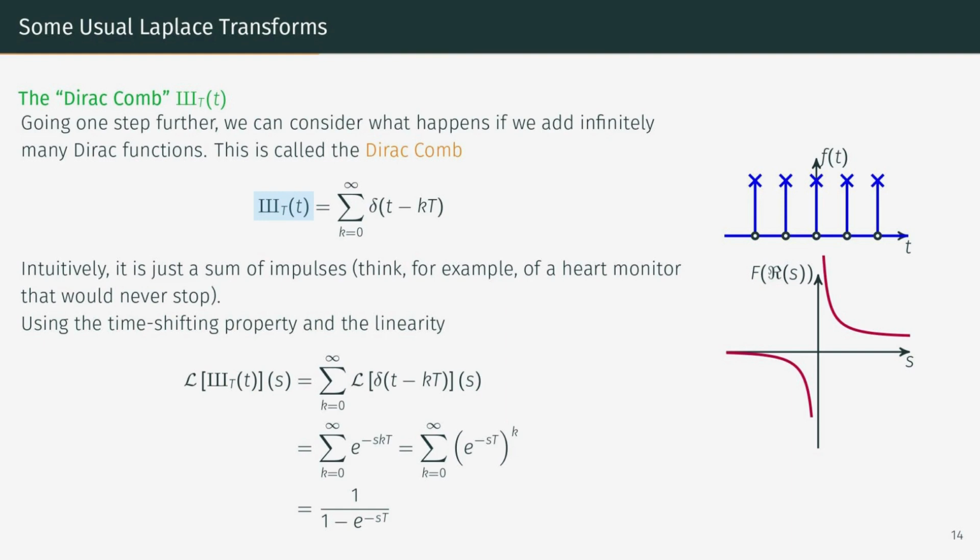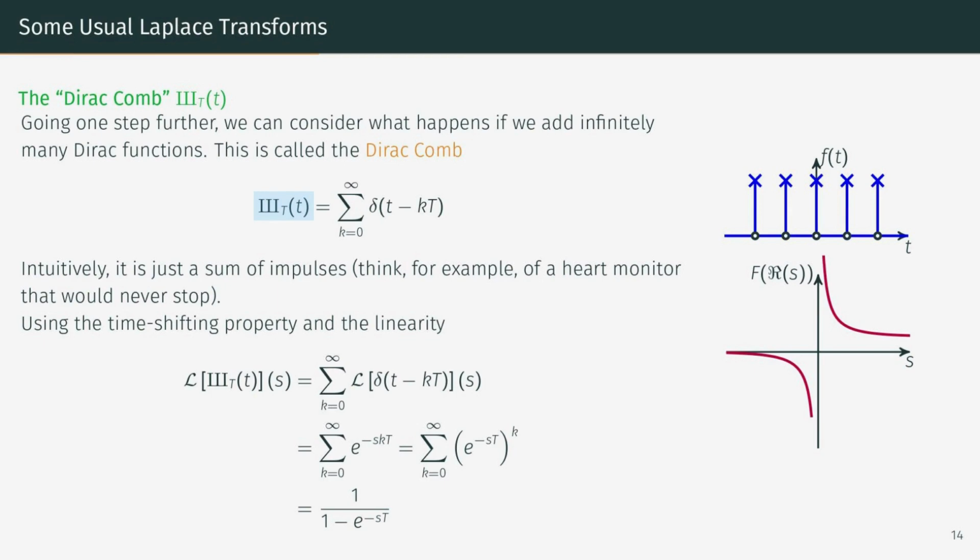Using the time-shifting property and linearity, we can see that the Laplace transform of the comb equals the sum from k equals 0 to infinity of the Laplace transform of the delta of t minus kT. This is then equal to the sum from k equals 0 to infinity of e to the negative skT, which can be rewritten as the sum from k equals 0 to infinity of e to the negative sT all to the k power.